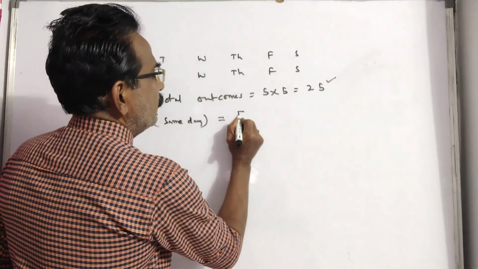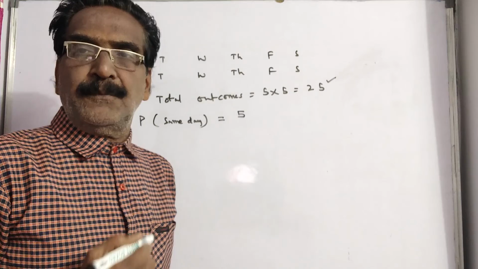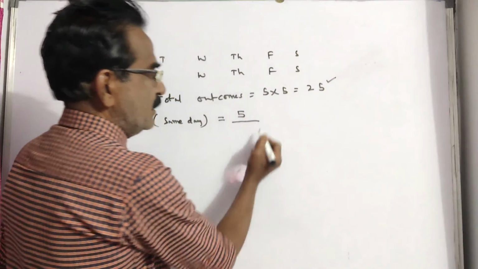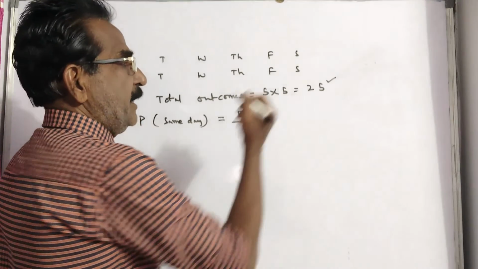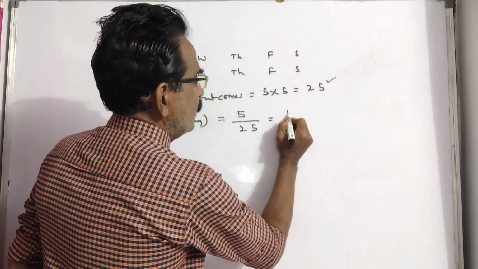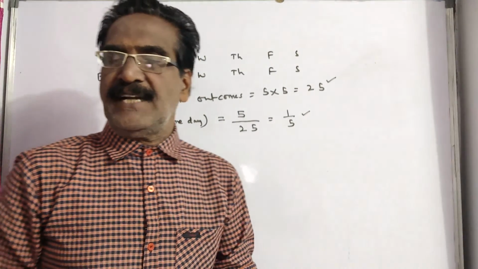So the probability of both visiting on the same day is equal to favorable outcomes by total number of outcomes, 5 by 25, that is equal to 1 by 5. This is the answer to the first question, friends.